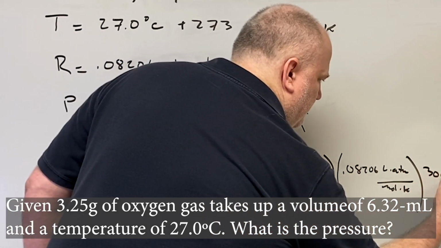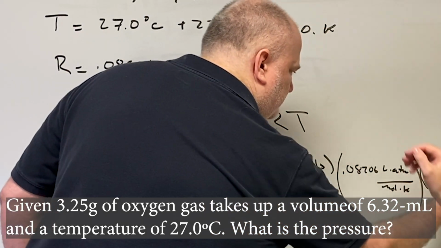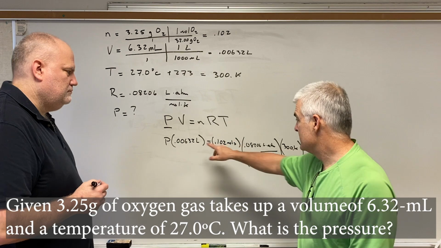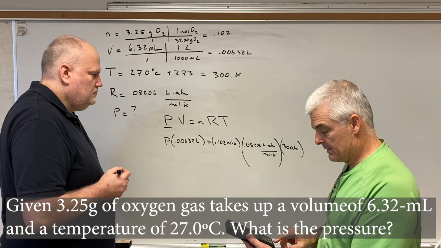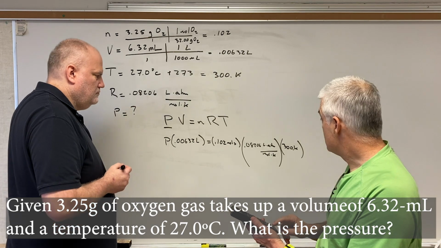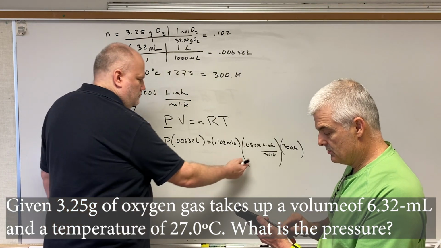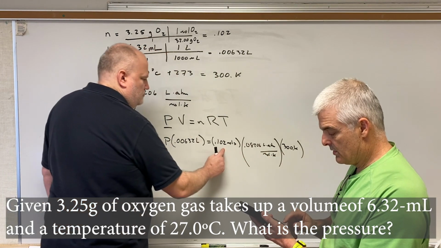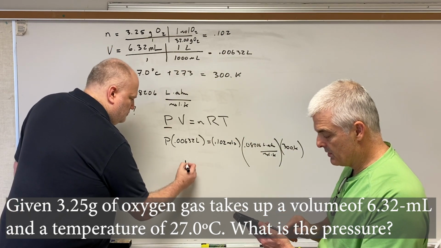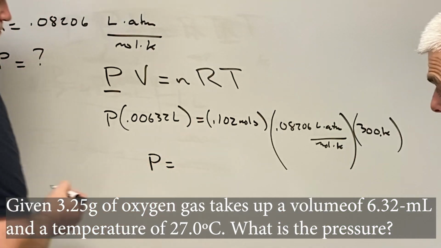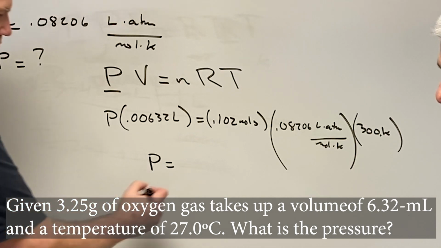Now folks, this is simple algebra, right? We've got this number equals this number times X, or P, right? And so we're going to take these three and multiply them together, so 300 times 0.08206 times 0.102, and then divide by the 0.00632 number, which gives me 397.